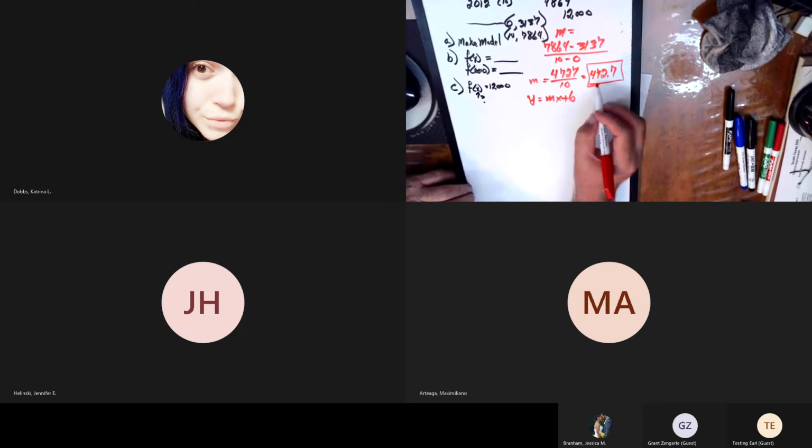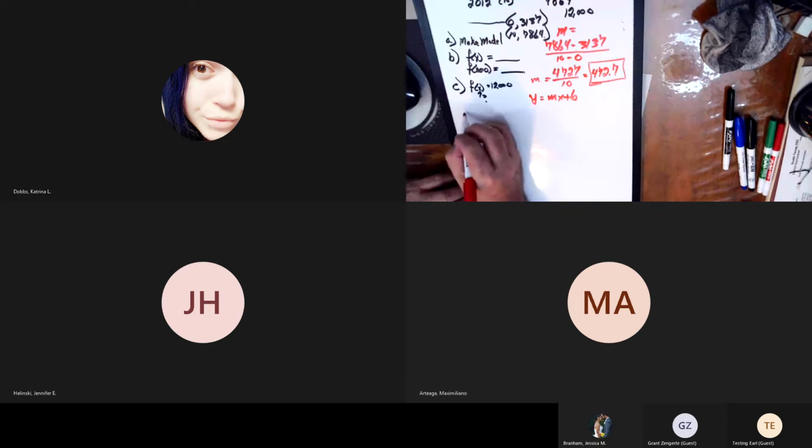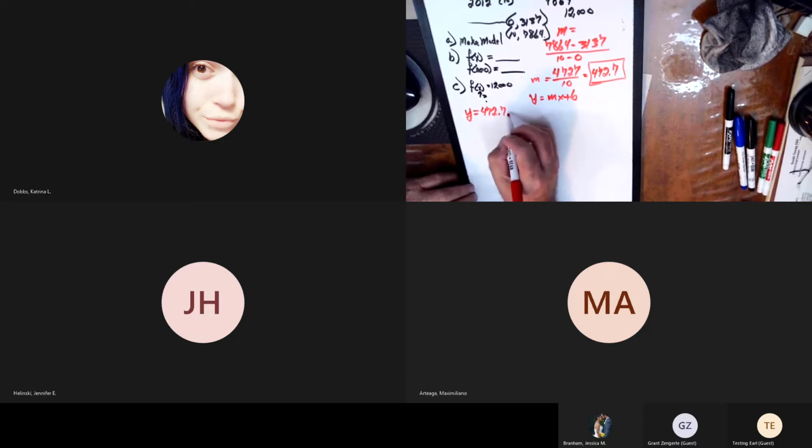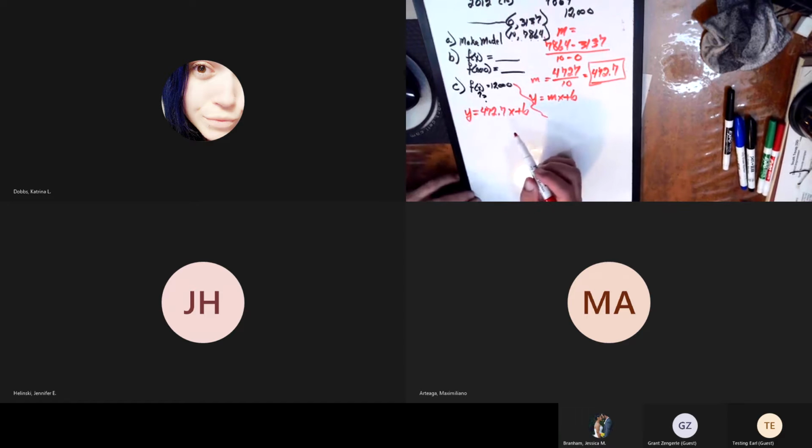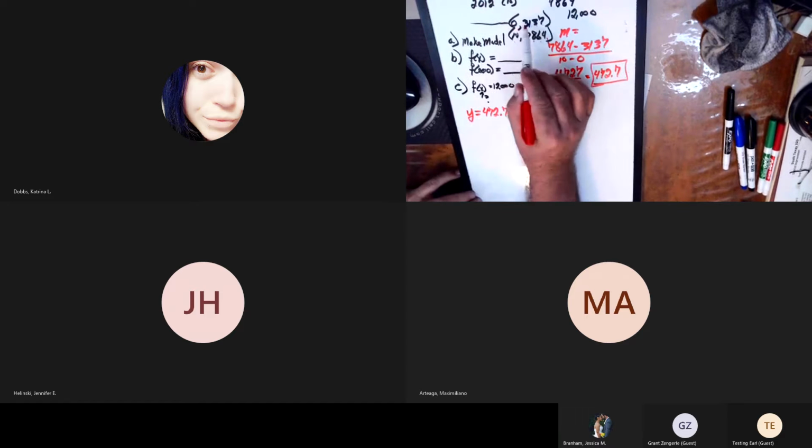I know that my slope is 472.7, so I know that my line is going to look like this: y equals 472.7x plus some missing b. I'm going to use either one of these 2 points, (0, 3137) or (10, 7864). Either one of those I can throw in here. It's going to give me the same model. So I'm going to go ahead and use 0 because 0 is a nice number.